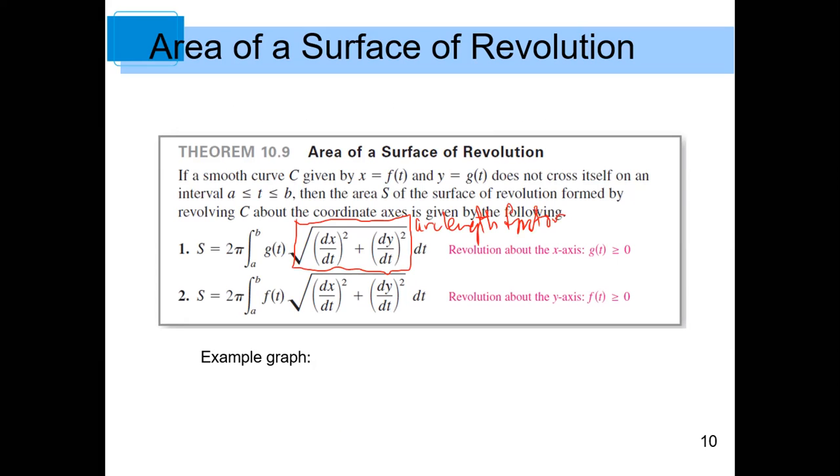And this 2 pi times g of x or g of t, what does that remind you of? 2 pi times something. Circumference of a circle, yeah? So this is the circumference factor.